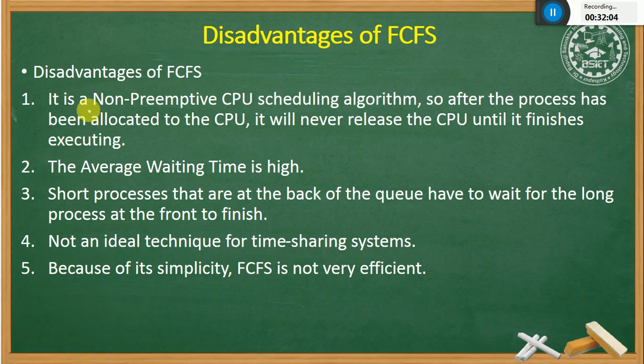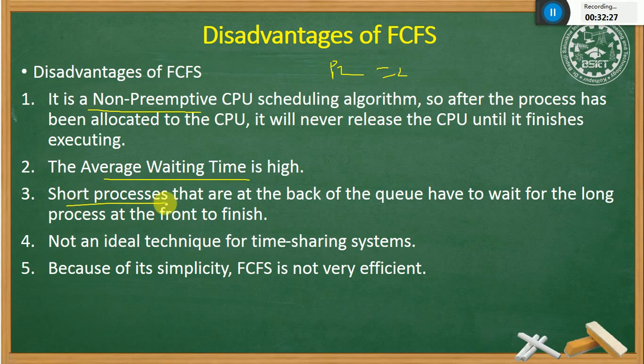The disadvantages of this algorithm: the first disadvantage is that it is non-preemptive. Due to that, a small process, that is P2, requires only 2 milliseconds for execution, but it arrives at 5 milliseconds, so it waits. So the waiting time of the small process unnecessarily increases, and the average waiting time is very high.